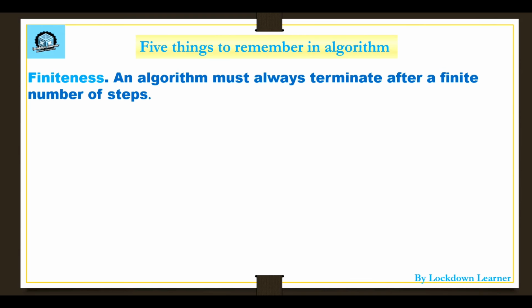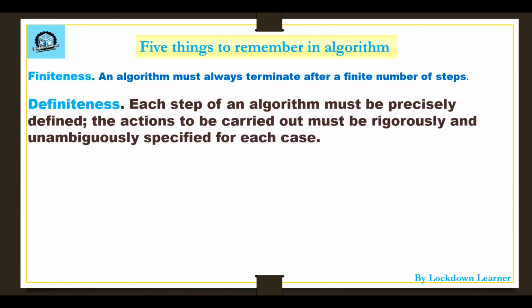And after this we have definiteness. Each step of an algorithm must be precisely defined; the actions to be carried out must be rigorously and unambiguously specified for each case. When you are writing anything, it should be clear to the other person also.